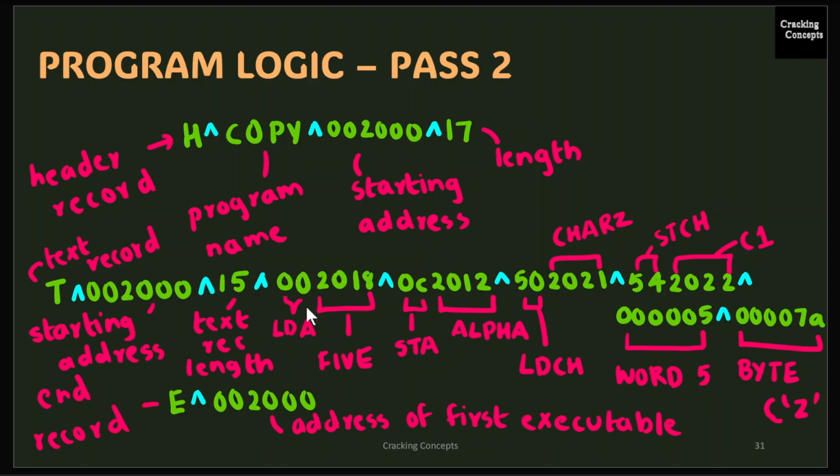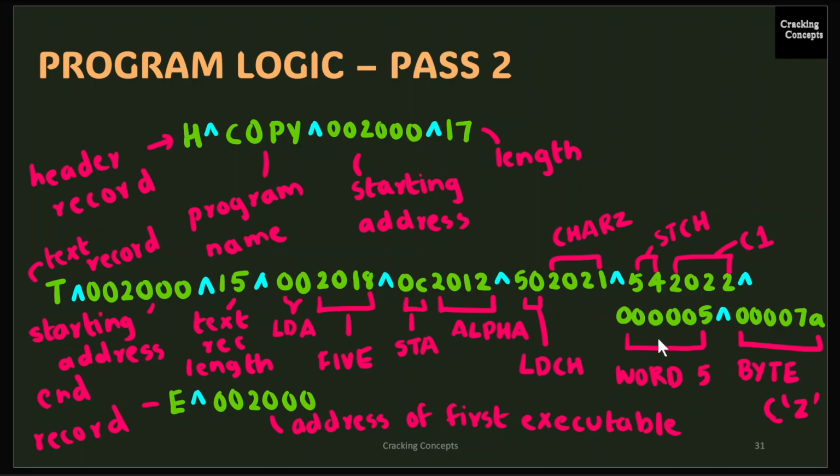And this is the object code for the opcode LDA, it is 00, and the location counter value for the label 5 is 2018. Similarly, we see STA is 0C, alpha will have location counter value 2012, LDCH as the opcode 50 for example, and the char result label has the location counter as 2021.